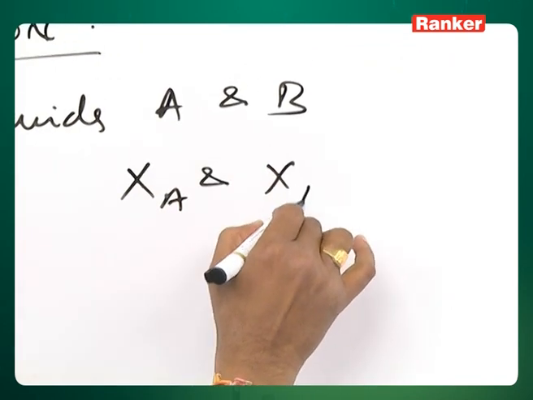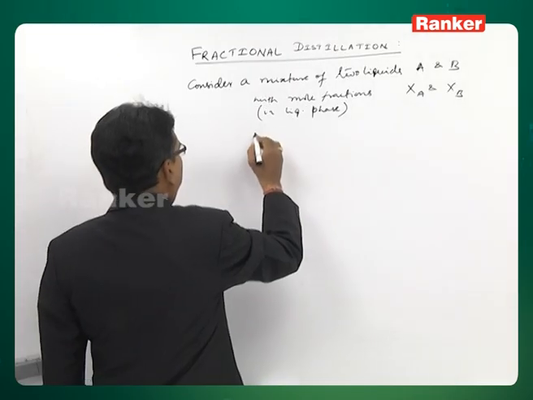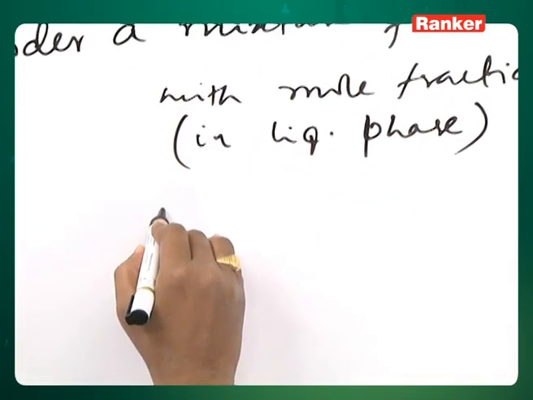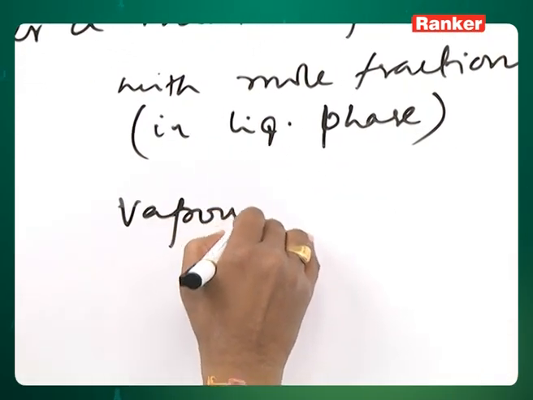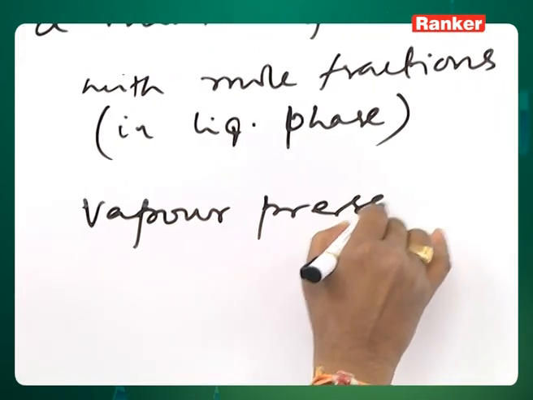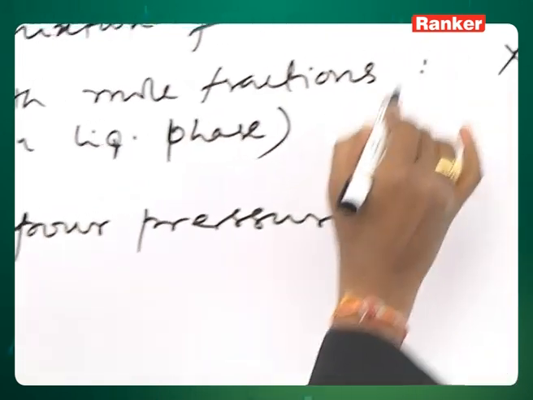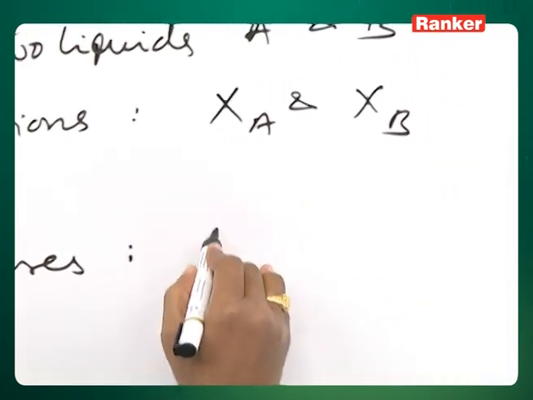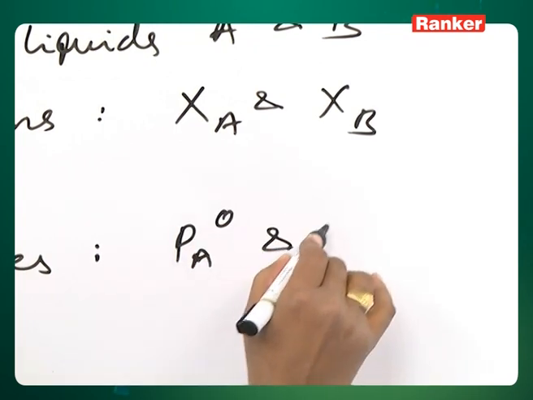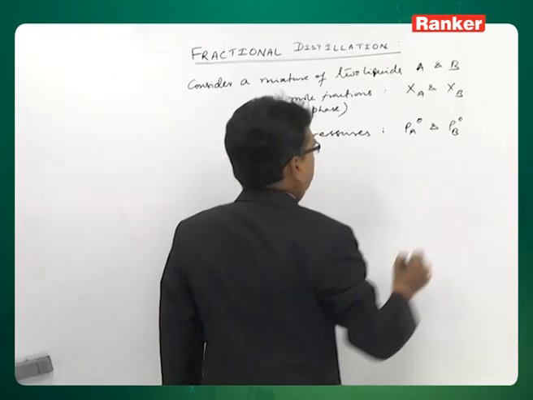Xa and Xb, and their vapor pressures Pa naught and Pb naught.